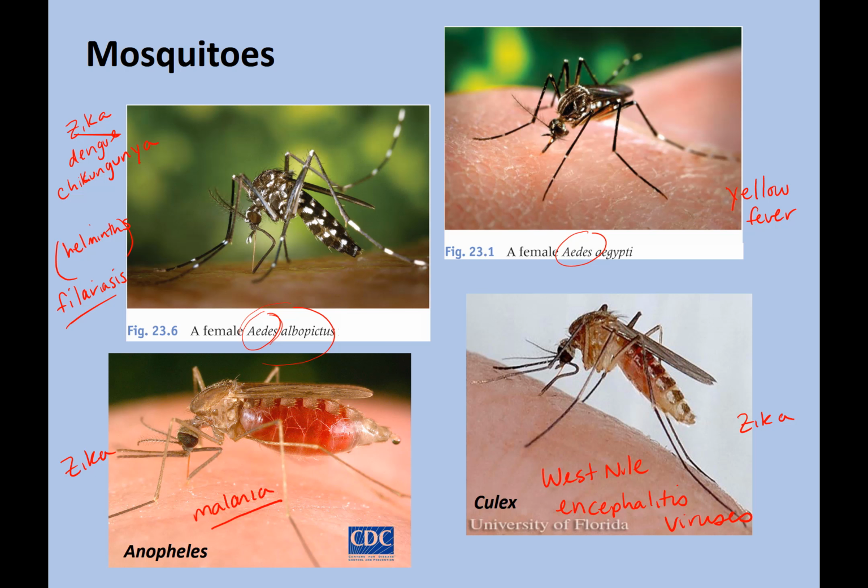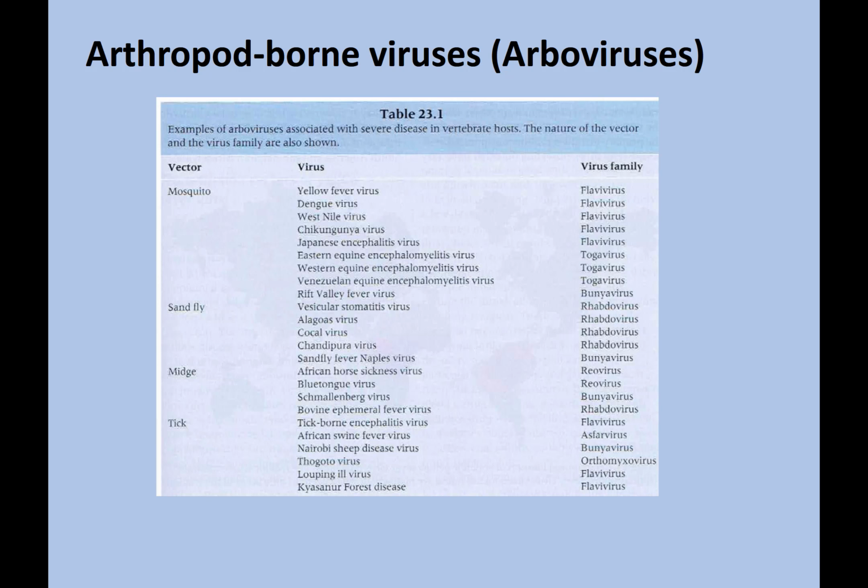So there's lots of work being done to try to figure out how to control mosquito populations, or how to make mosquitoes less able to transmit viruses. This page is just from your textbook, again, talking about different types of biting insects and the different viruses they can transmit.